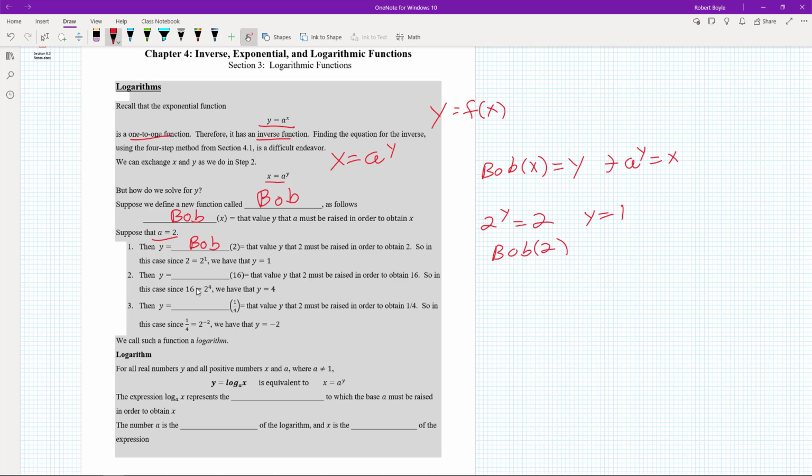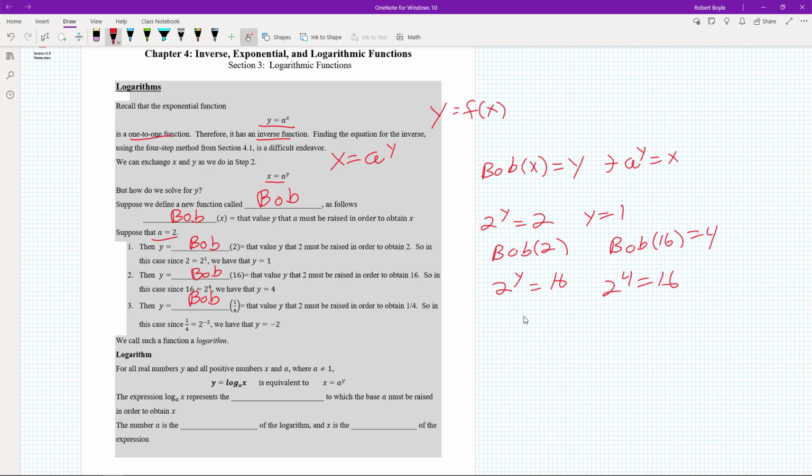Okay, well, what about Bob of 16? Once again, that is going to be that value of y that 2 must be raised to in order to get 16. In this particular case, Bob of 16 will be equal to 4, because 2 to the 4th is equal to 16. Okay, cool. All right, well, what about Bob evaluated at 1/4?